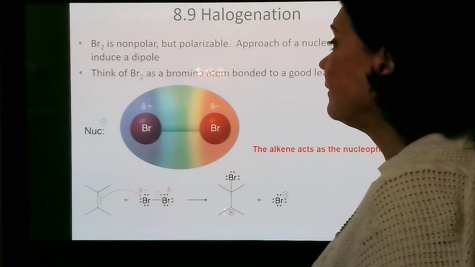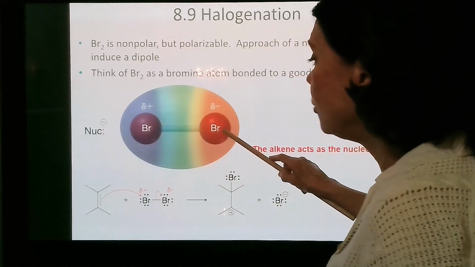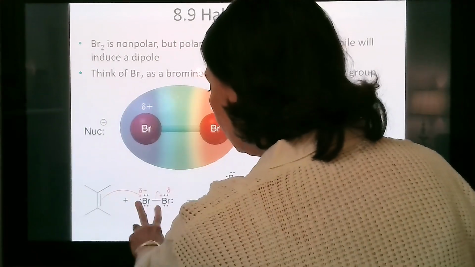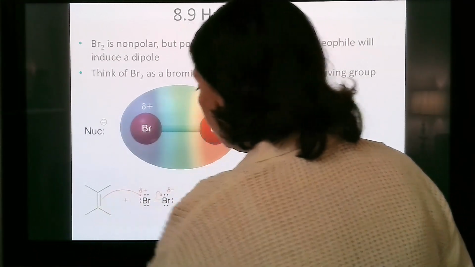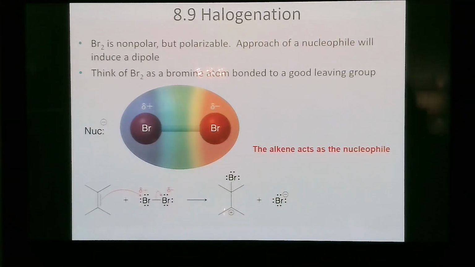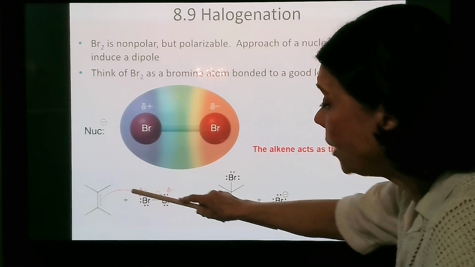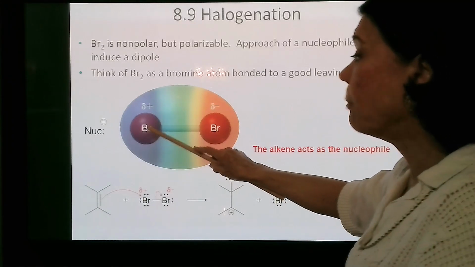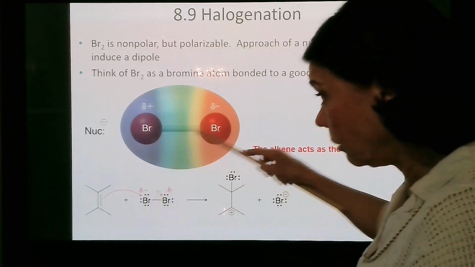And so you can think of it like this. The double bond approaches Br2, or you can think of the bromine as approaching the double bond. And so then the pair of electrons in the pi bond attack one of the bromine atoms in the bromine molecule.